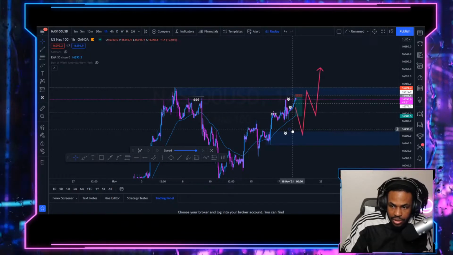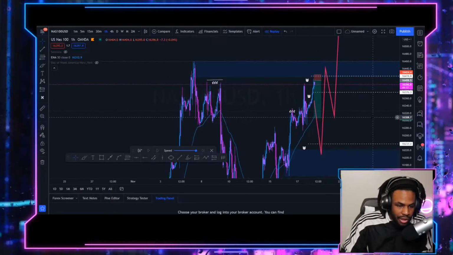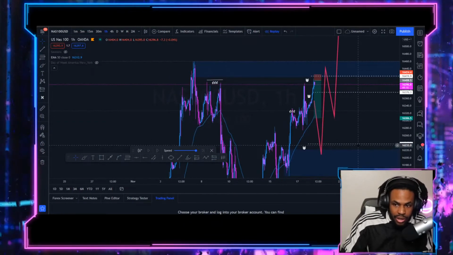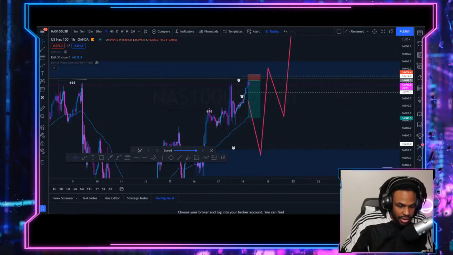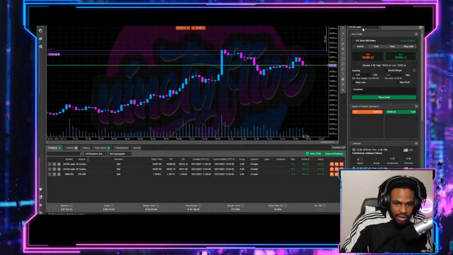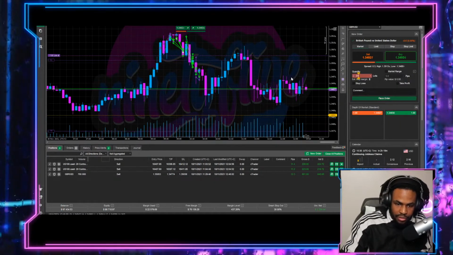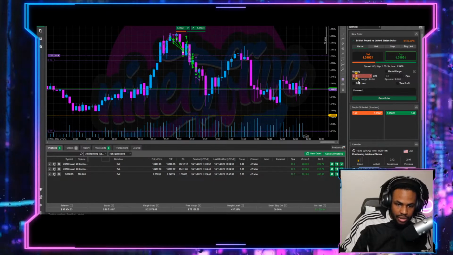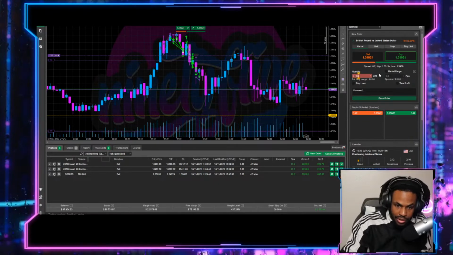For stop losses, MetaTrader is whack. I feel like it's not geared towards traders being successful, while it seems like the developers of cTrader actually care. Let me show you. GU, let's say I take a 0.01.